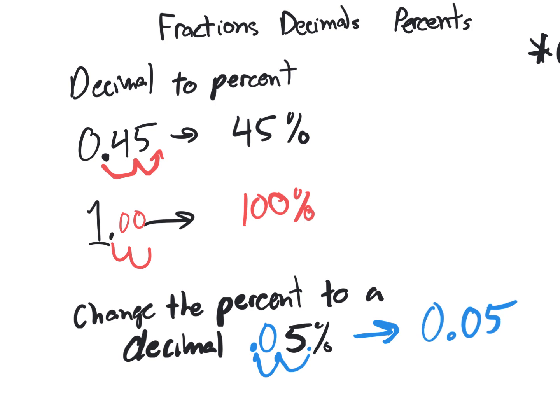It's technically 0.05 as a decimal. So changing percents to decimals or decimals to percents is just merely moving the decimal place over 2 spaces. Okay. That's good.